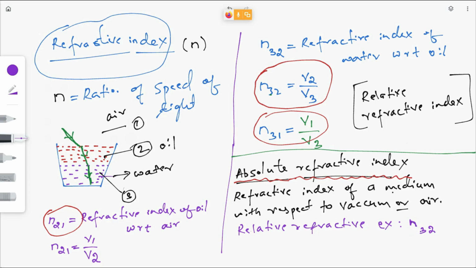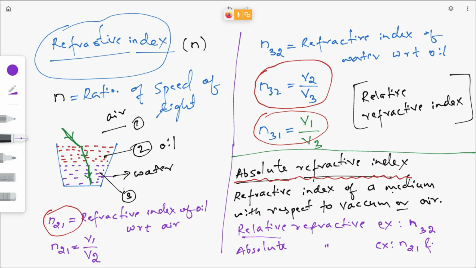Refractive index of water with respect to oil. So that is your relative refractive index. What is absolute refractive index? Absolute refractive index example, N21 and then N31.